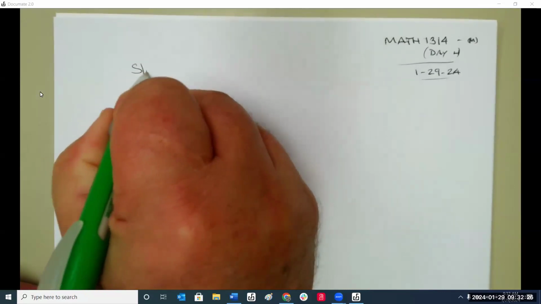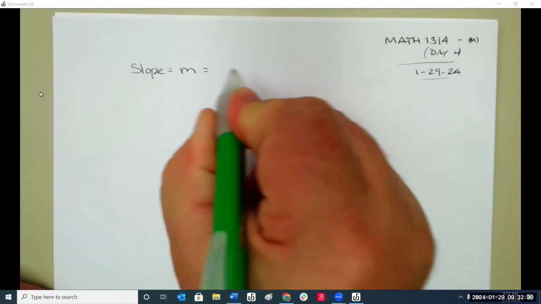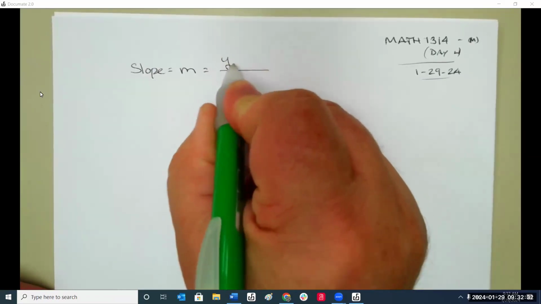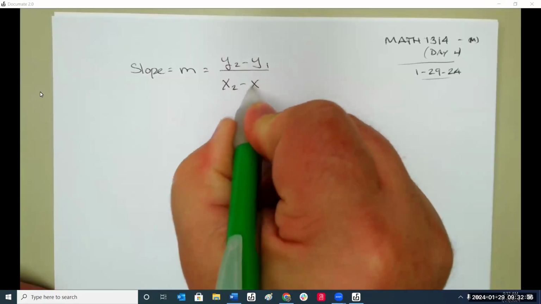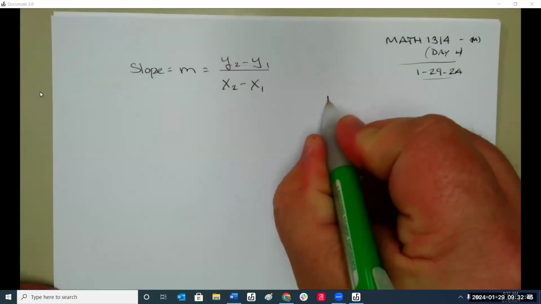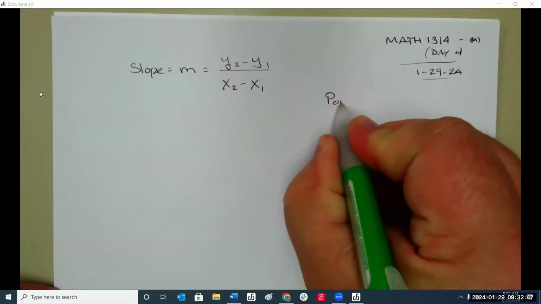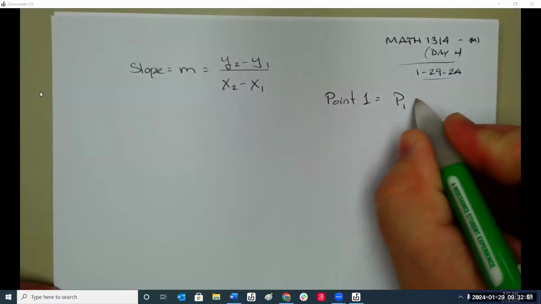Very good. The slope, M, is y2 minus y1 over x2 minus x1, where point 1 is denoted P1.